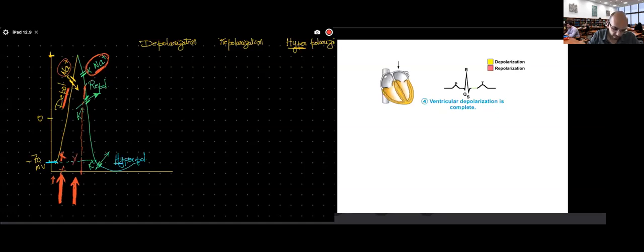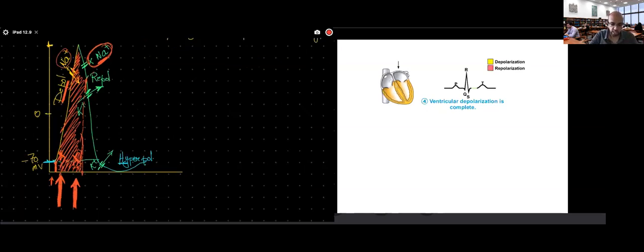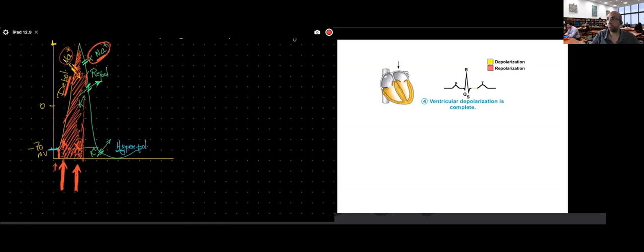Again, nothing. So during depolarization and early repolarization, all this period here, I won't be able to respond to any kind of stimulus, even a very strong stimulus. I can't respond.